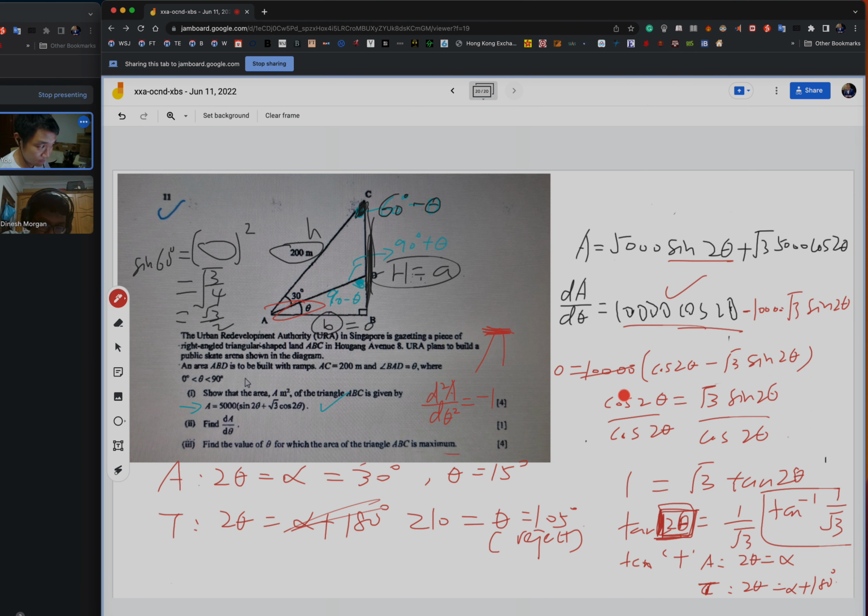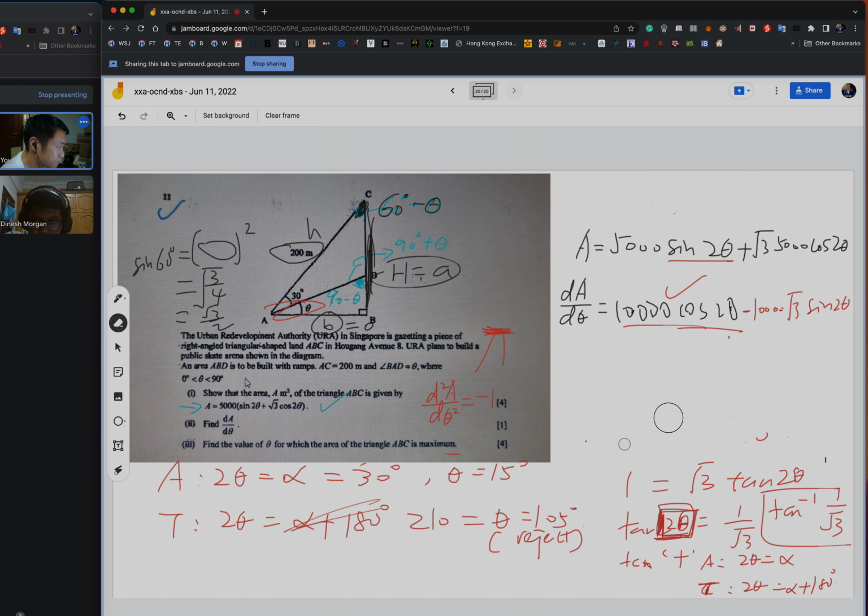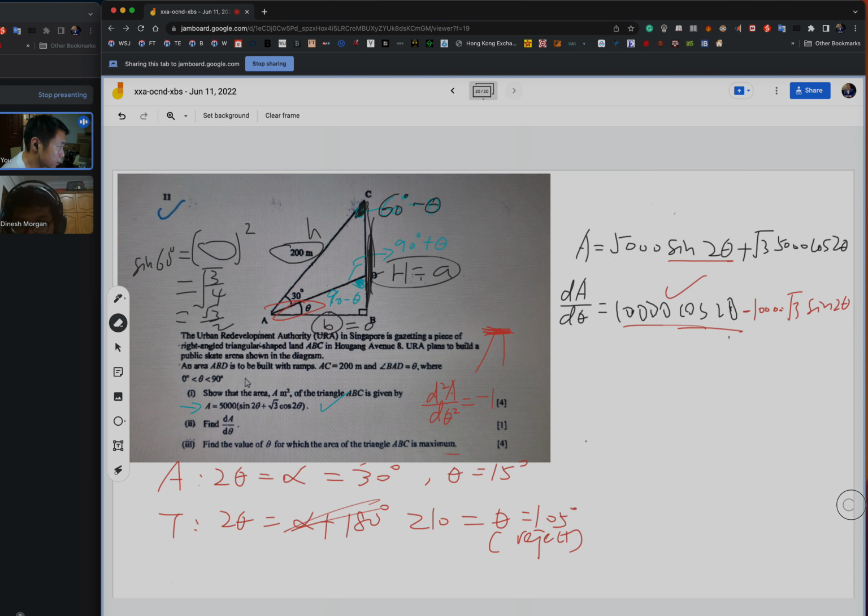So how do you get the second derivative? Can you do it one more time? Yeah, it's pretty annoying, I know. So negative 20,000 sine 2 theta, with a negative in front. Then this one is 20,000 square root 3 cosine 2 theta, right?